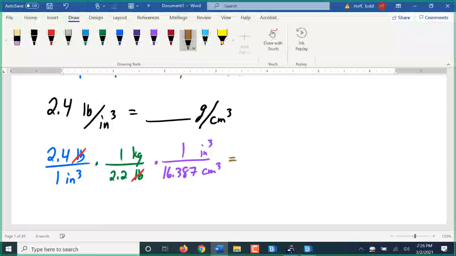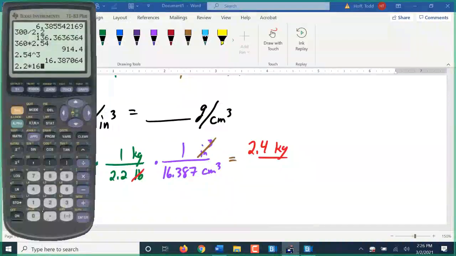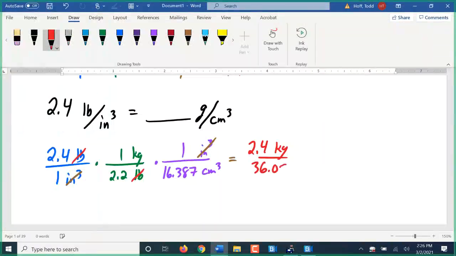So now the inches cubed will cancel out, and we'll have kilograms per cubic centimeter, and then we'll move the decimal to make it grams per cubic centimeter. On top, we have 2.4 times 1 kilogram times 1, so that's 2.4 kilograms. On bottom, we have 1 times 2.2 times 16.387 centimeters cubed, which is 36.05 centimeters cubed.